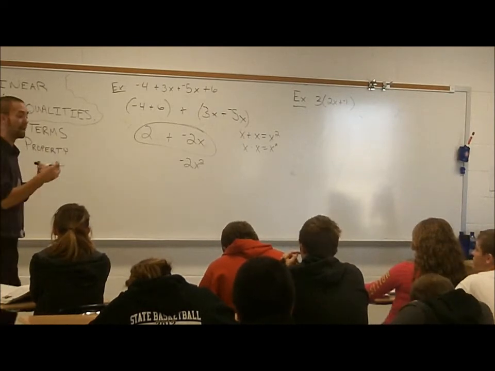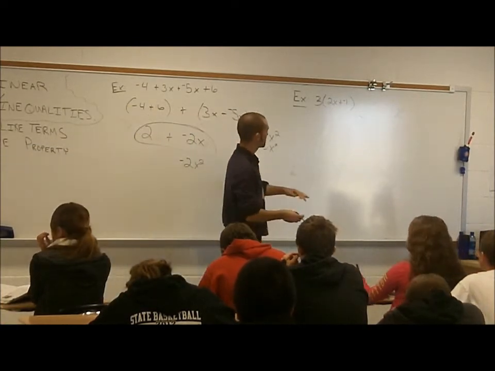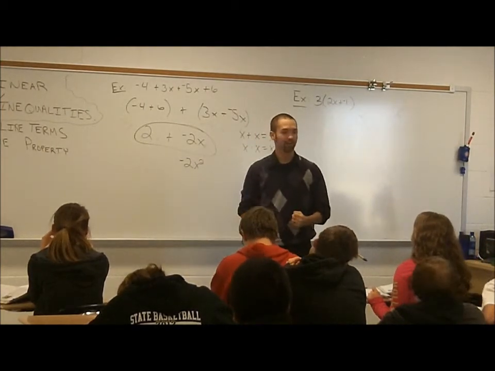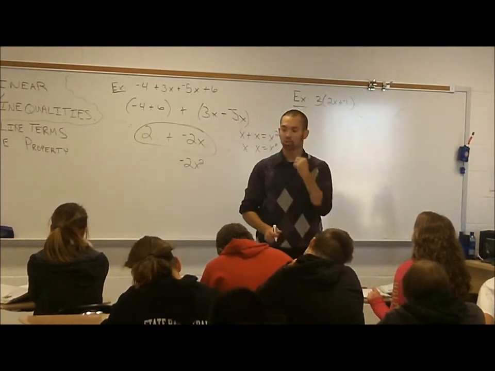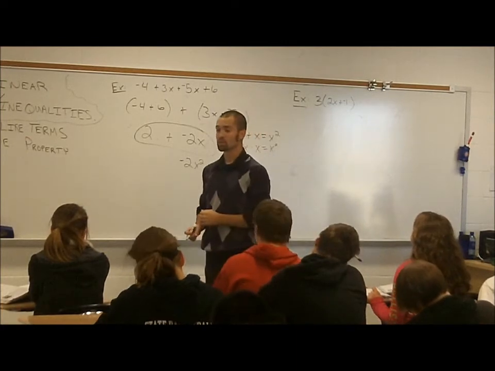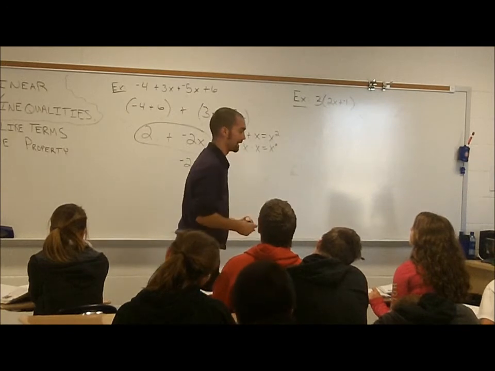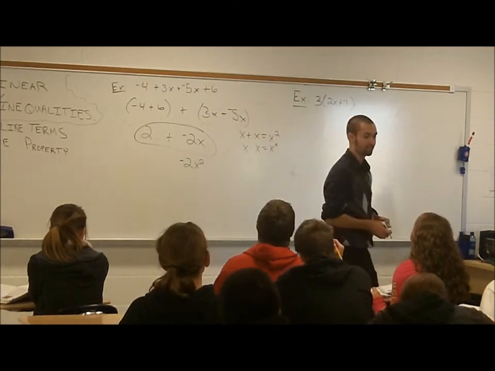Okay? Now, we need to multiply what's on the outside by everything that's on the inside. The distributive property is you multiply what's on the outside by everything on the inside.